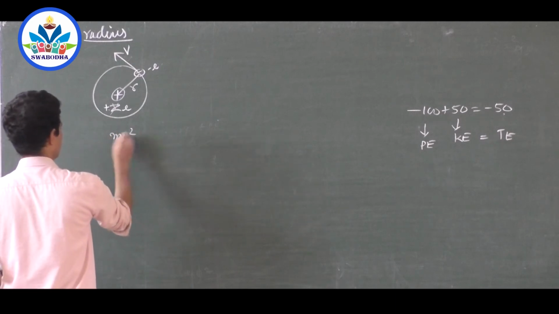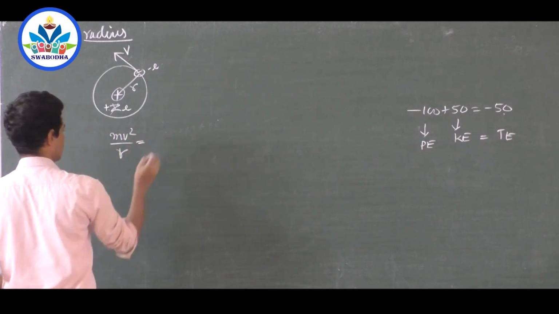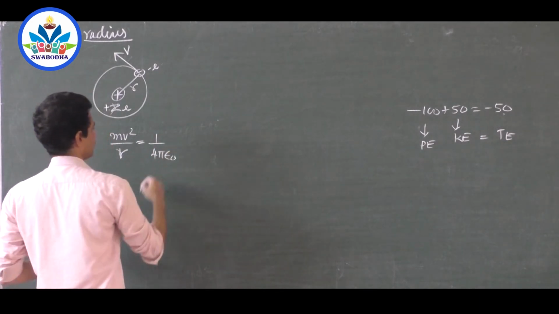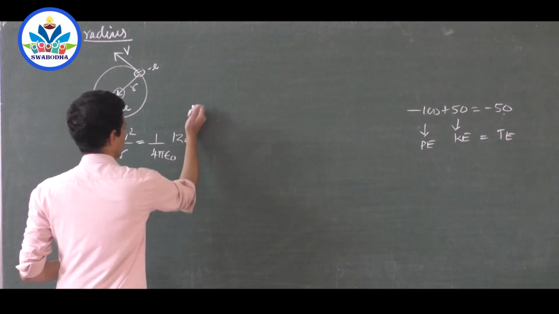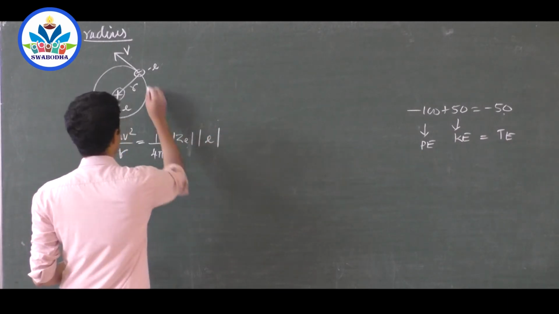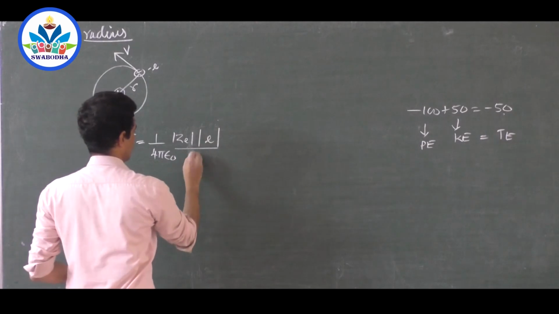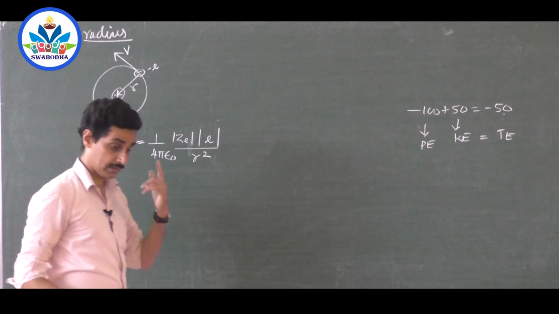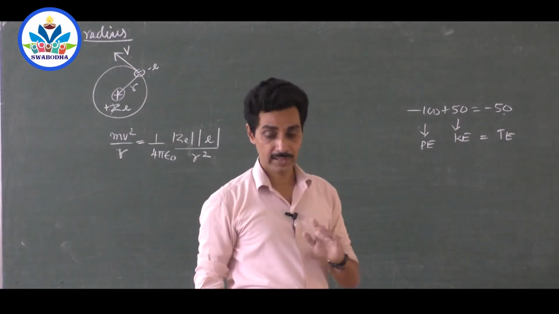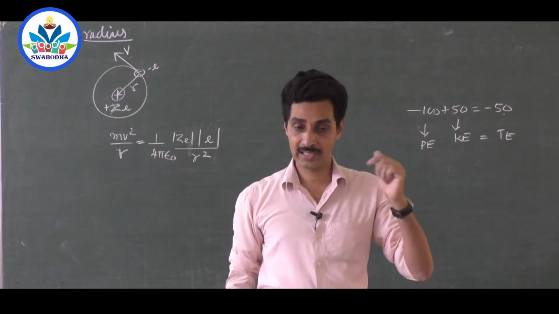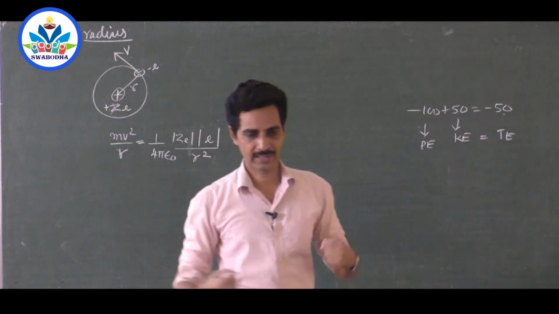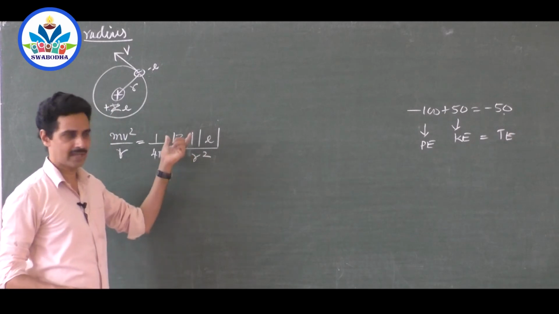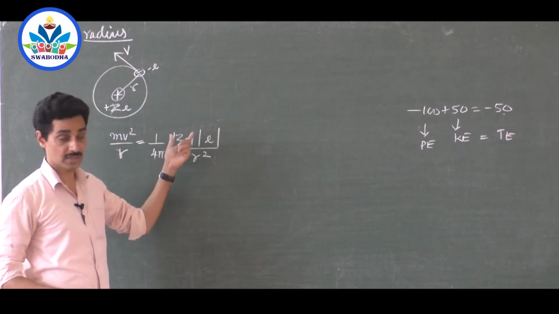The centripetal force for the electron revolving around the nucleus is given by the electrostatic force of attraction, 1 by 4 pi epsilon naught, Q1 Q2, the magnitude of the charges, divided by distance squared. Without looking into the first chapter video, you will never be able to follow this. You must see it up to Coulomb's law. The force of attraction between two charges separated by a distance is inversely proportional to the square of the distance and directly proportional to the product of the magnitude of the charges.